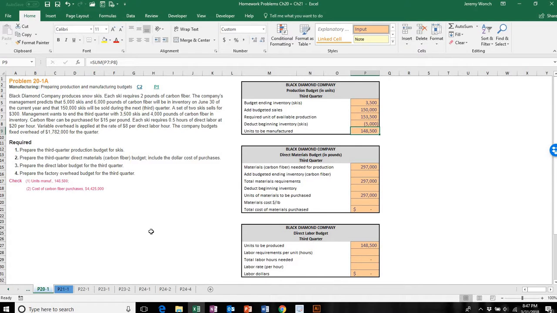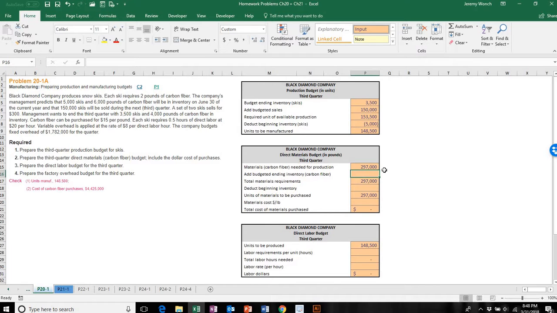Next in number 2 is the direct materials budget. We want to start with materials needed for production, which is based on the units that we're going to produce. It says it's going to be 2 pounds of carbon fiber for each ski, so 148,500 skis times 2 pounds means we need 297,000 pounds of carbon fiber.